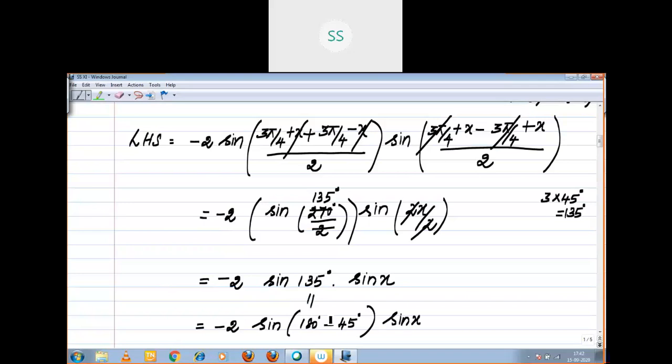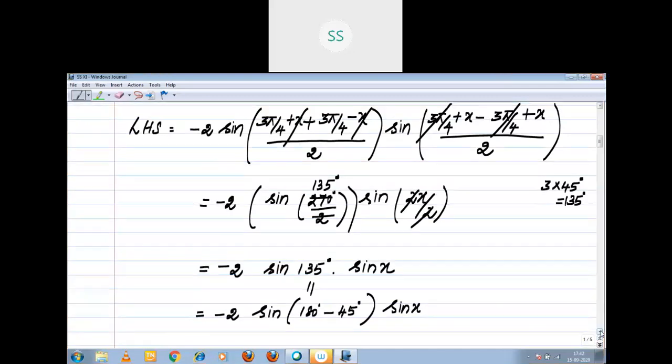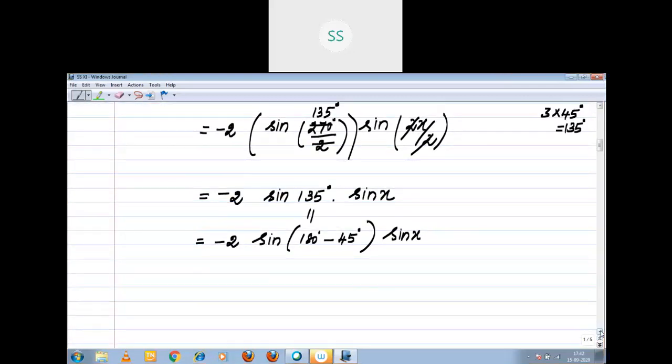Sine 135 degree is equivalent to 180 minus 45. It is the second quadrant, and in the second quadrant sine is positive, so the function won't change. Sine of 180 minus theta equals sine theta.